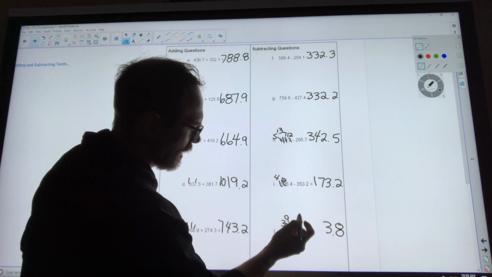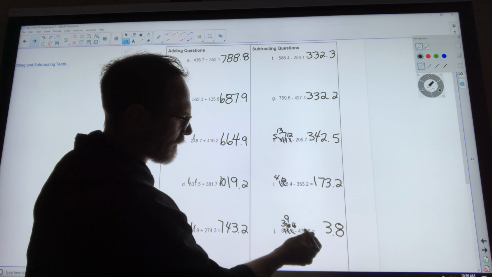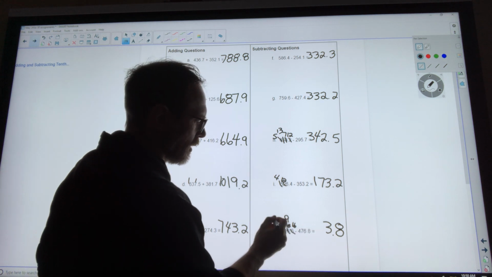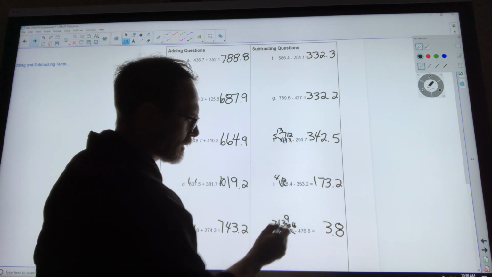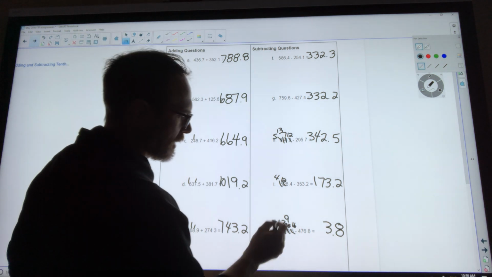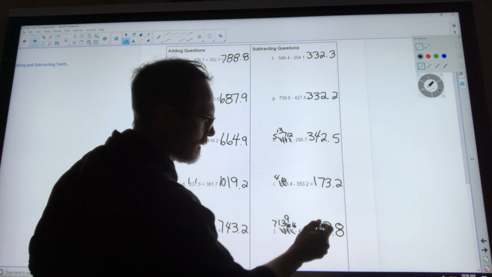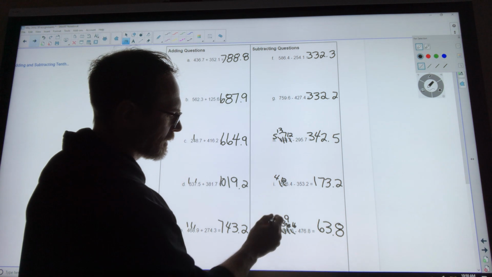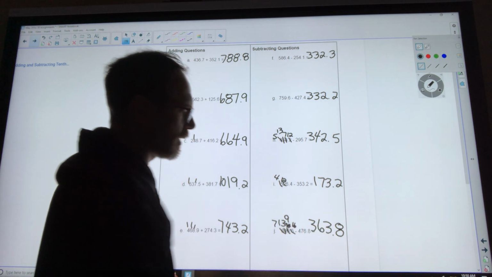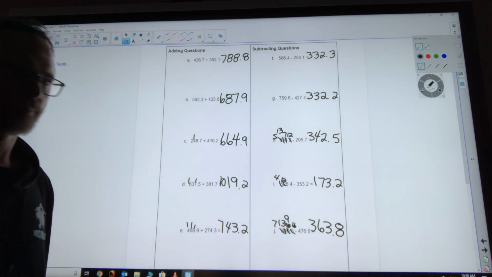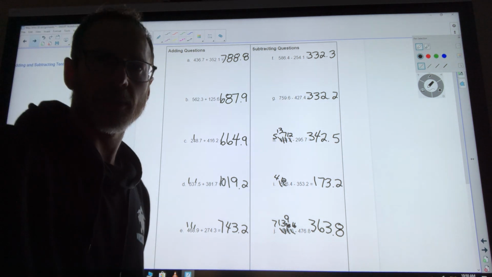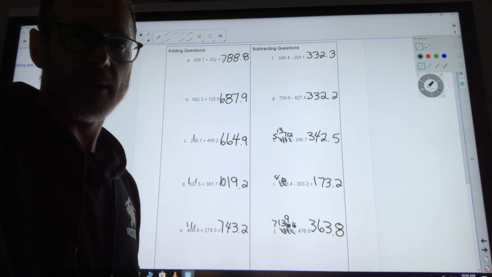Now I have 3 tens minus 7 tens. I can't do that without borrowing, so I'm going to take one from the hundreds place and put it in the tens place. So now I have 13 minus 7, which is 6, and then 700 minus 400 is 300. So 363.8. All right, guys. Hopefully that helps with your answers, and have a good day.